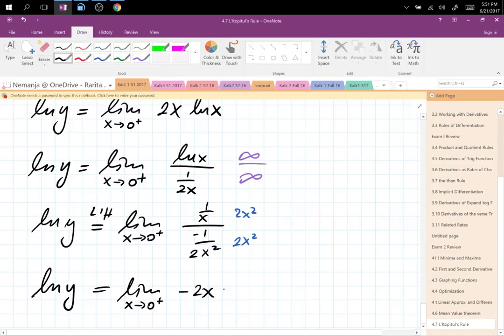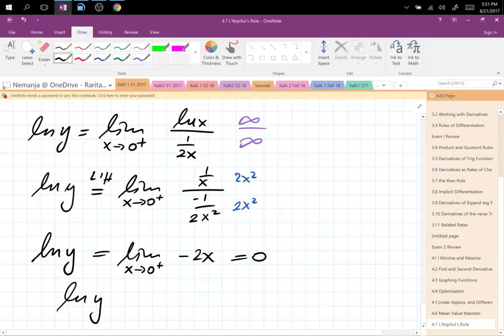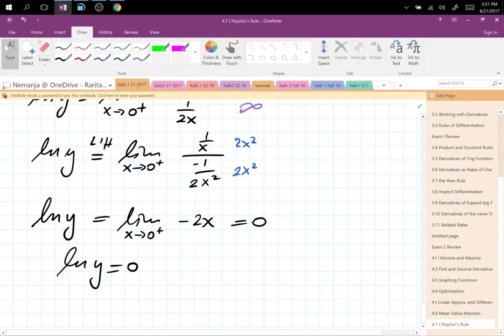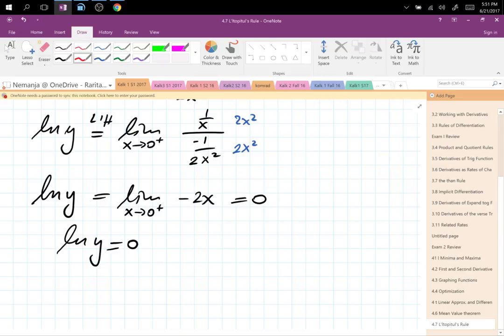That's all that's left, right? And when you plug in 0, it's 0. So what you have is that ln y is equal to 0. E both sides. And you get y equals 1.